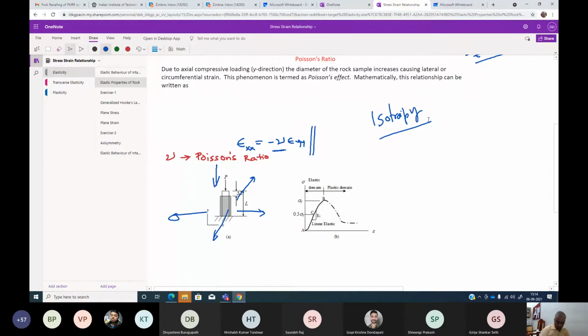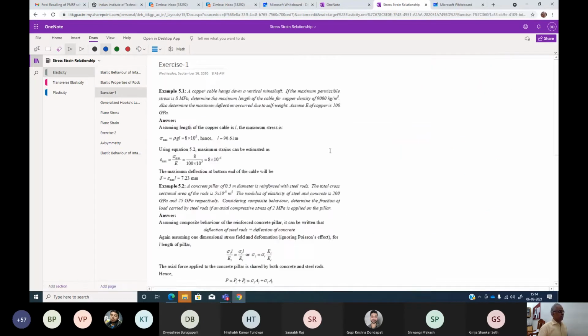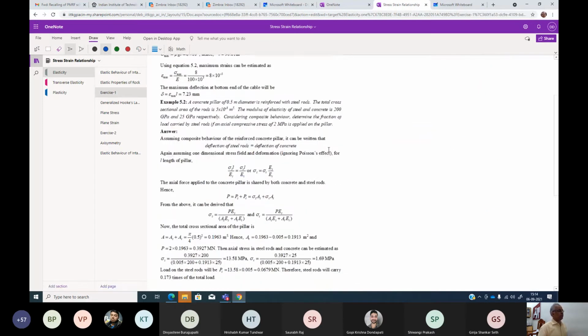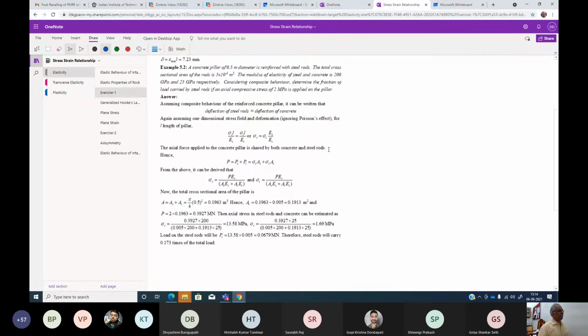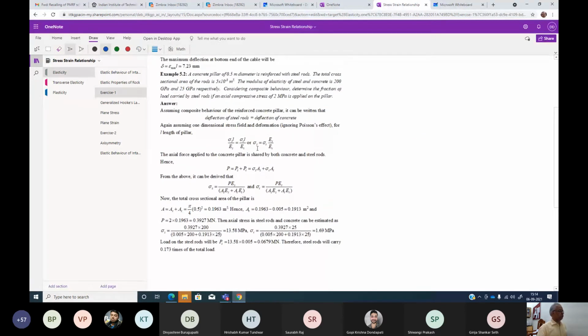Okay, now before we proceed further, a simple exercise, you can read this. A concrete pillar of 0.5 meter diameter is reinforced with steel rods.